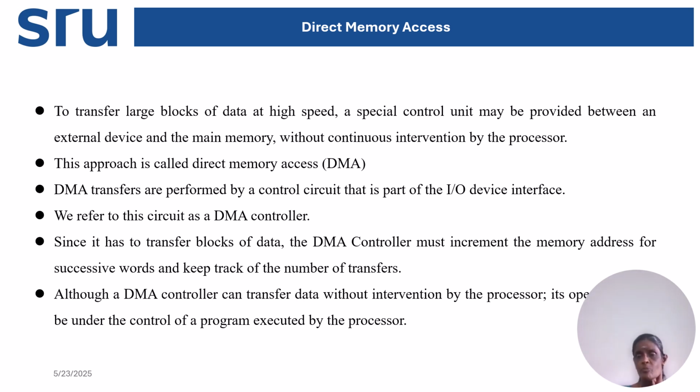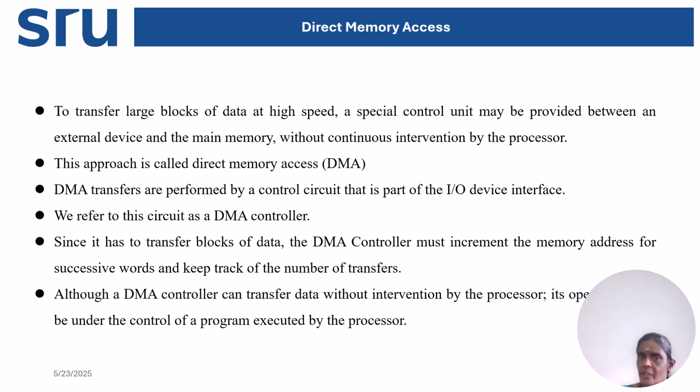For that, an important access is provided, a special feature. It is known as direct memory access. So, without any interruption, without any intermediate access, the processor will directly go to the memory and take the required data.